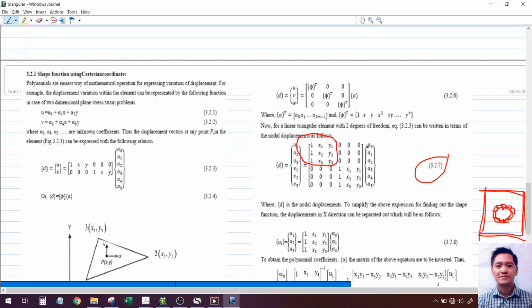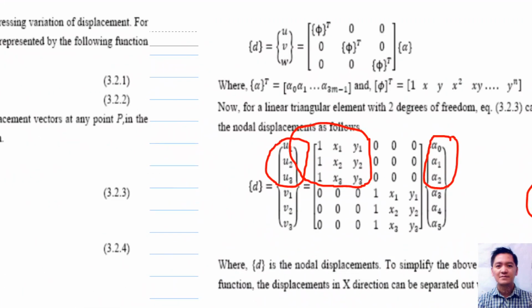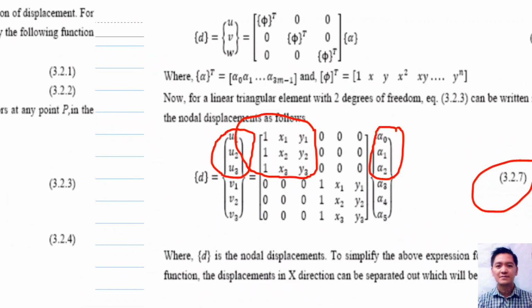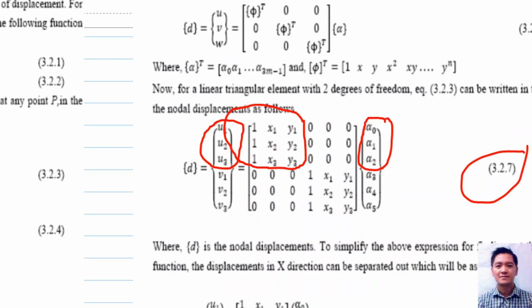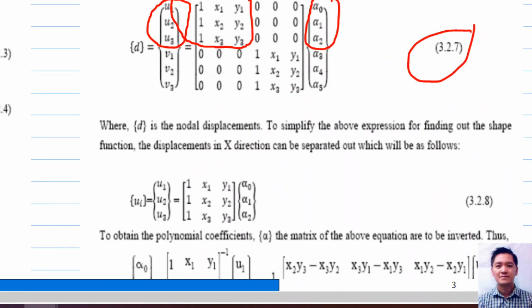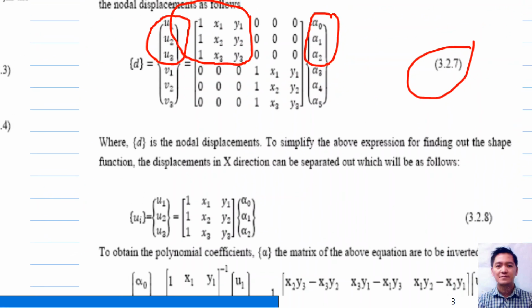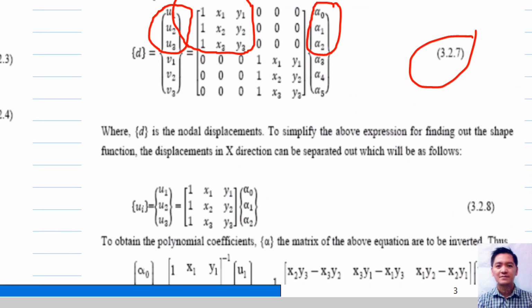Kumbaga, ang tawag dyan is the submatrix, where these are nodal displacements, to simplify the above equation.